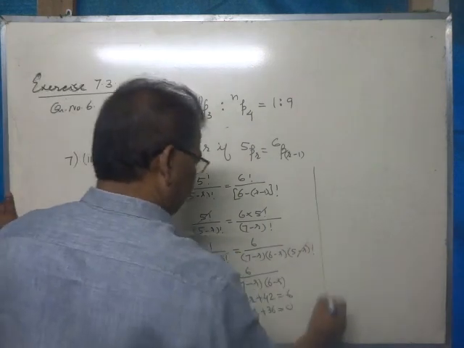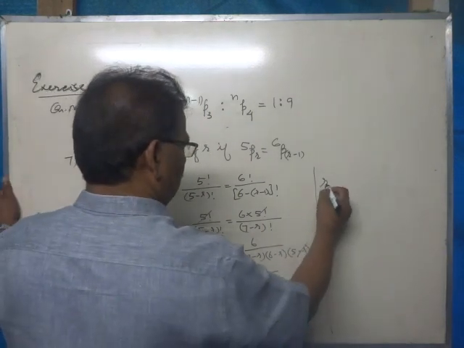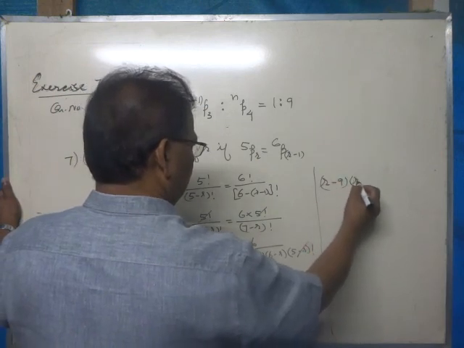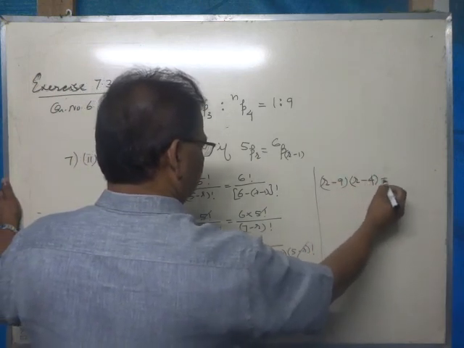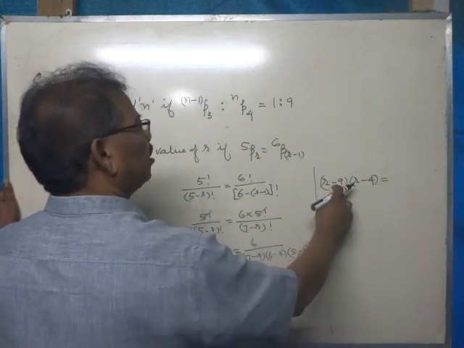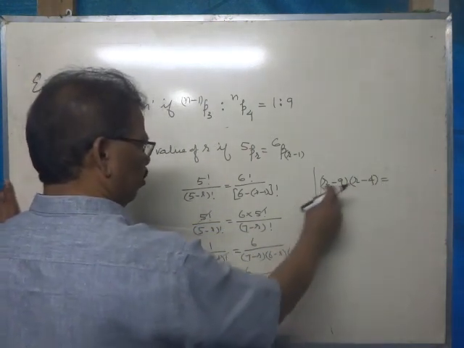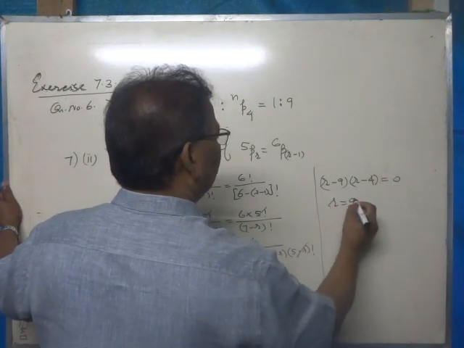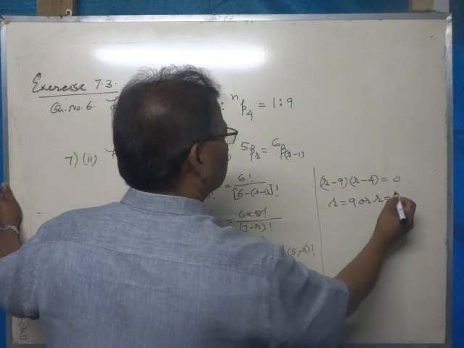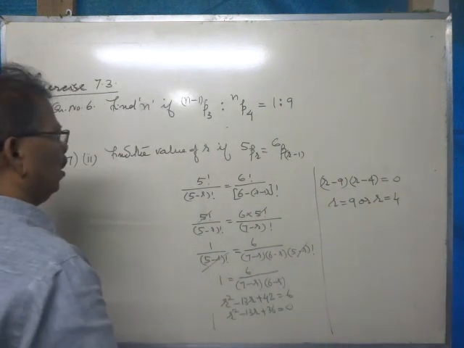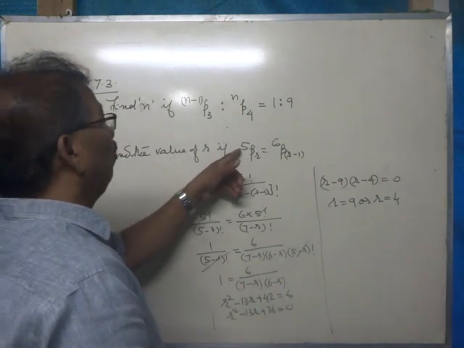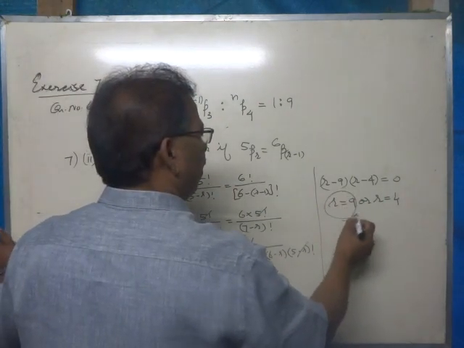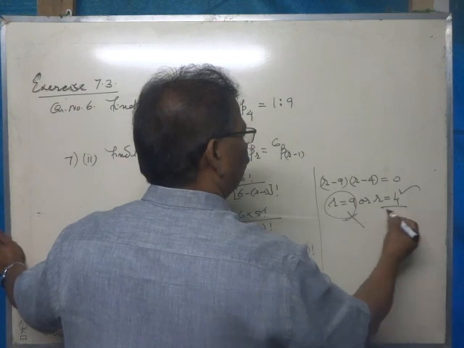That is to say, (r−9)(r−4) equals 0. Minus 9 plus minus 4 is minus 13, product plus 36, correct. Therefore, r equals 9 or r equals 4. But we cannot think of 5P9. Therefore, the correct answer is r equals 4.